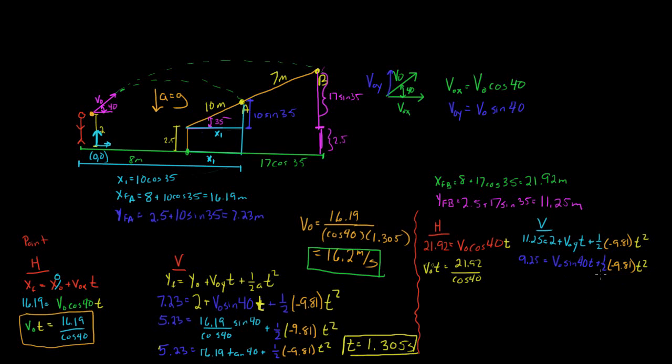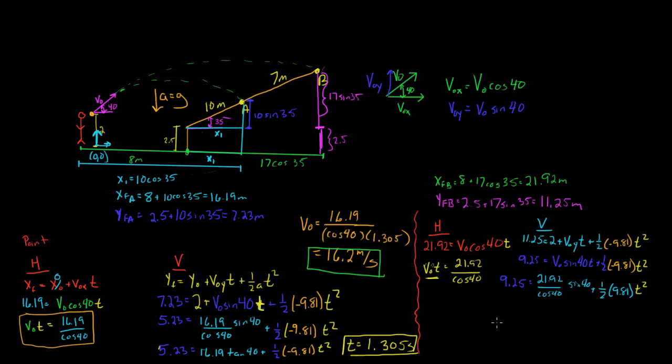And v naught times t for us now is going to be this right here, and this is going to be 9.25. 9.25 is equal to this equation right here. So this v naught and t are going to get substituted for. So we have 21.92 over cosine of 40 times the sine of 40 plus 1/2 times 9.81 t squared.